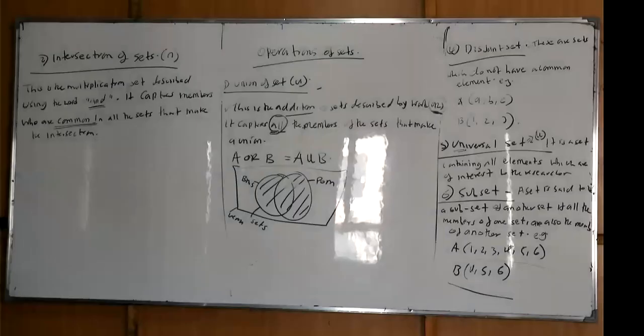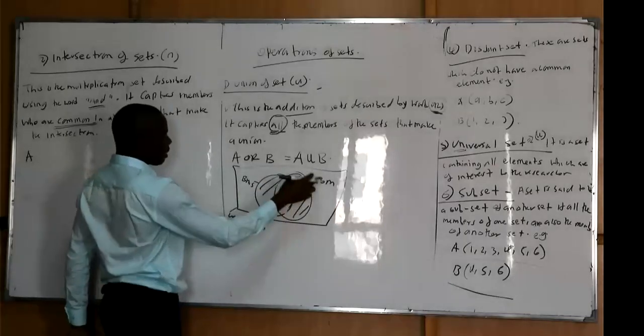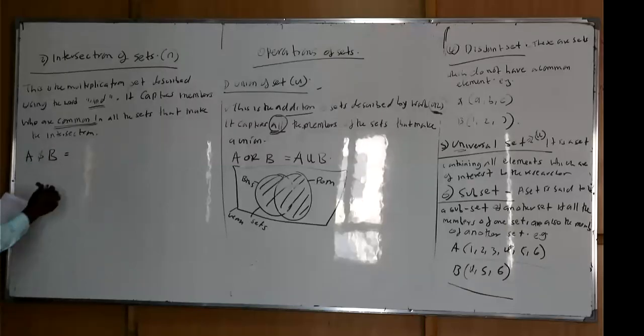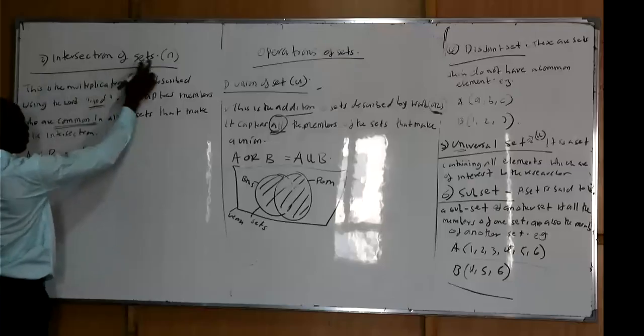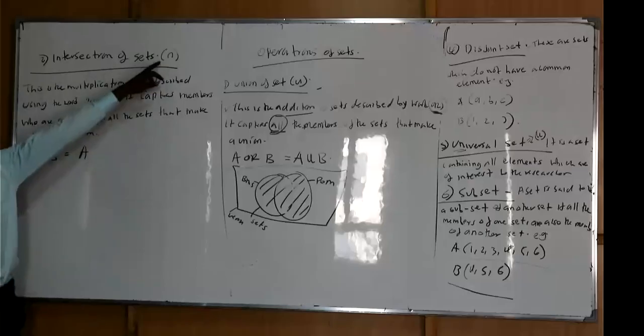Okay, we can say set A if the sets intersect. You see the intersection is here in the middle, where BMS and POM overlap. That is called the intersection.